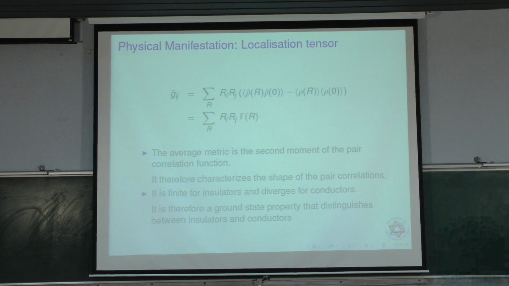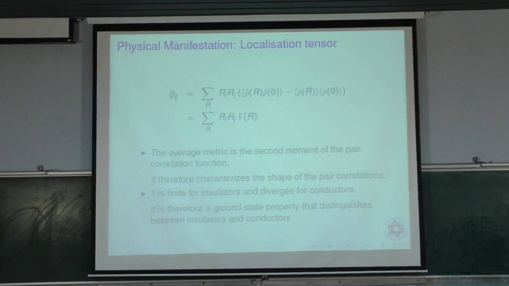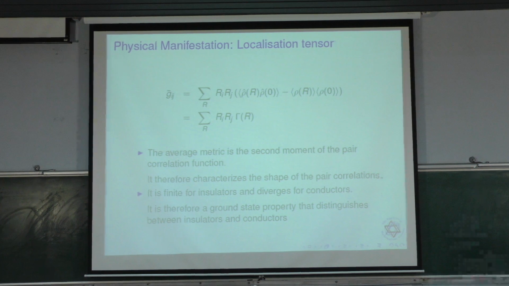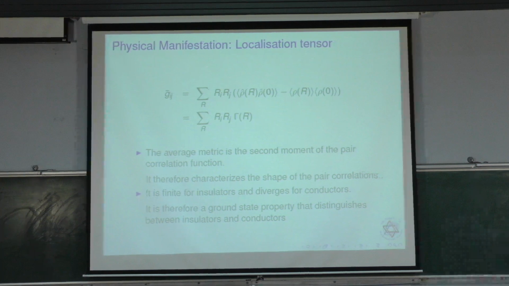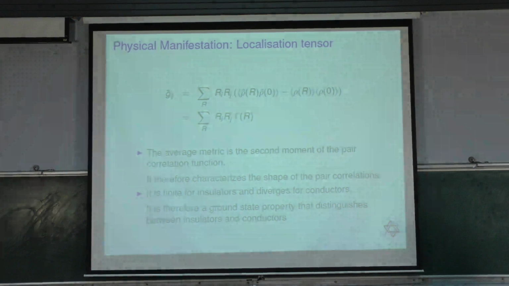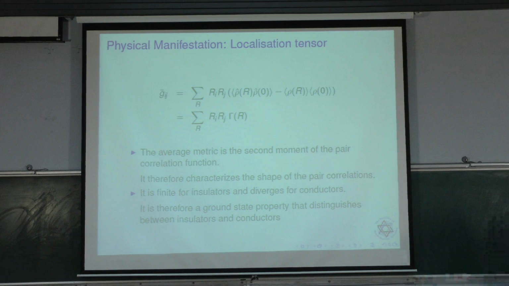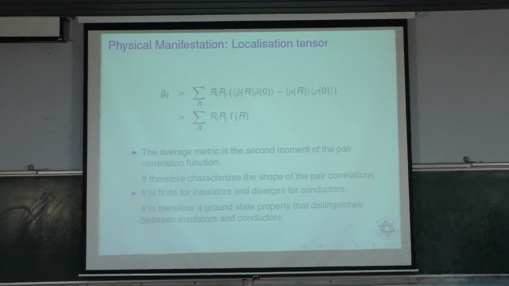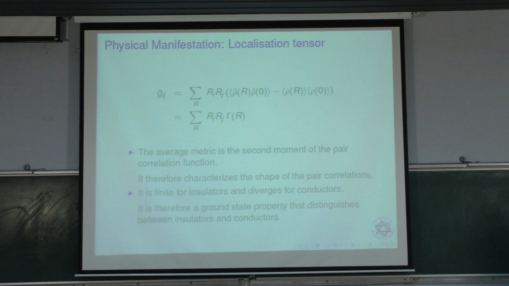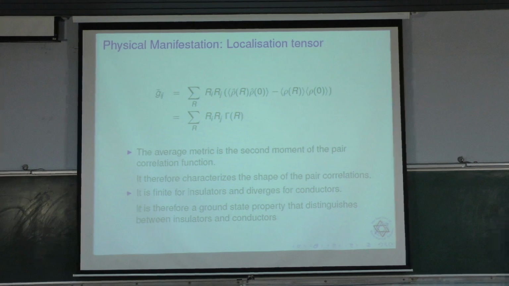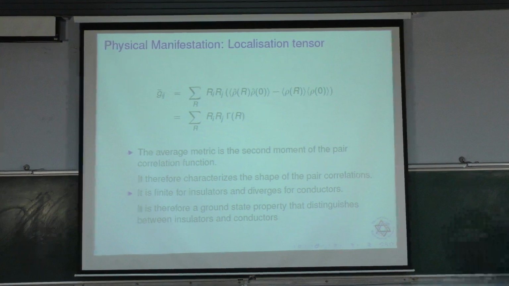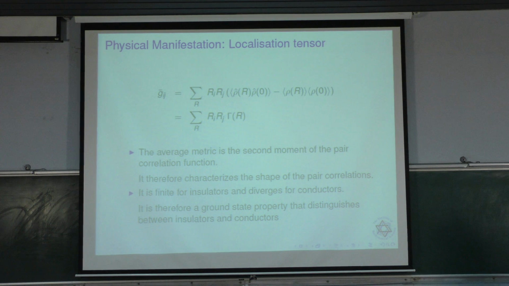And this is the second moment. So this average metric gives you the shape of this pair correlation function. Further, you can show that this is finite for insulators and diverges for conductors. So that is why you can use it as a criterion for distinguishing between metal and insulator. You can probe the metal-insulator transition using this quantity, etc.